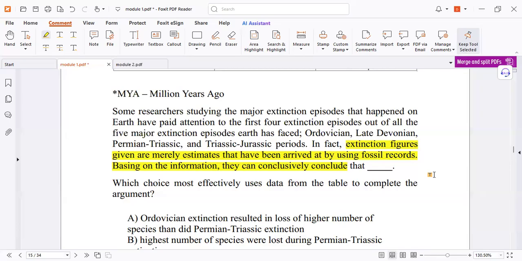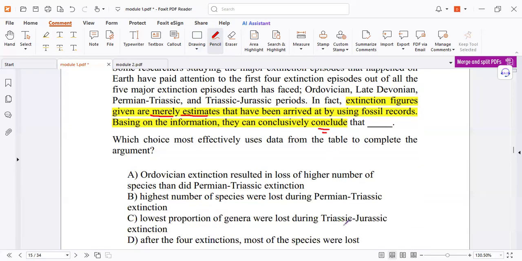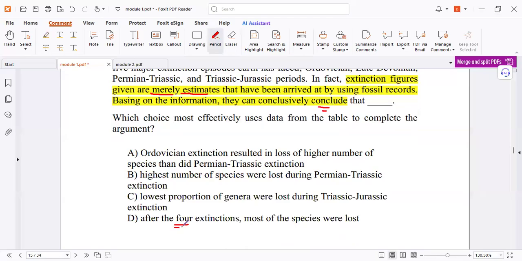Let me help you with this question. Yes, please, sir. It is the language of infographics. When I tell you only estimates, it means we expect it to be more than that. So when you conclude, it could be more. Look for the language in letter D. After the four extinctions, most were lost.